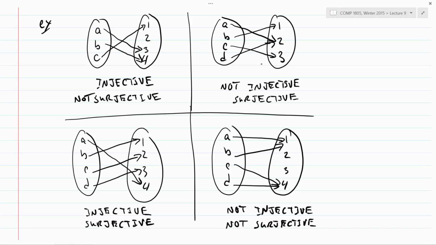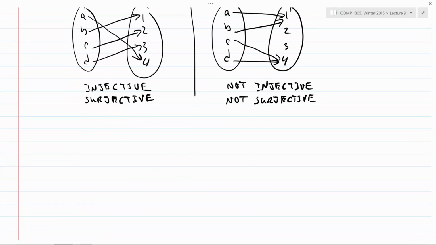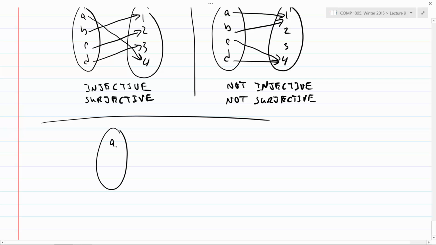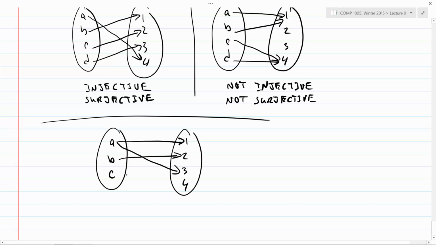There's one more example I want to show you before we go, and that's this. If I have A, B, C going to 1, 2, 3, 4, and it looks like this. So A goes to 1, A goes to 3, B goes to 2, and C goes to 1. Is this injective? It's not a function.